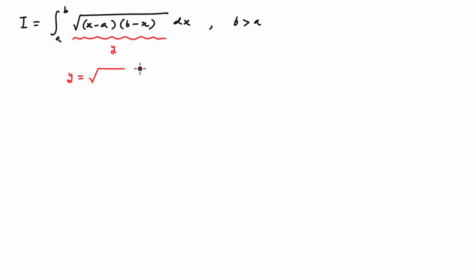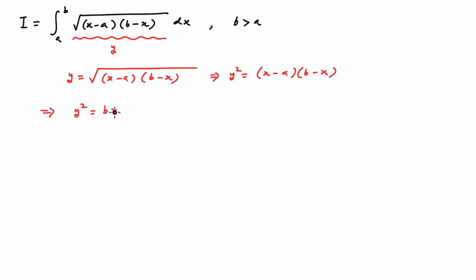Therefore, y is equal to the square root of (x minus a) times (b minus x). Taking the square of both sides, we get y squared is equal to (x minus a) times (b minus x). Opening up the right hand side, we get y squared is equal to bx minus x squared minus ab plus ax.